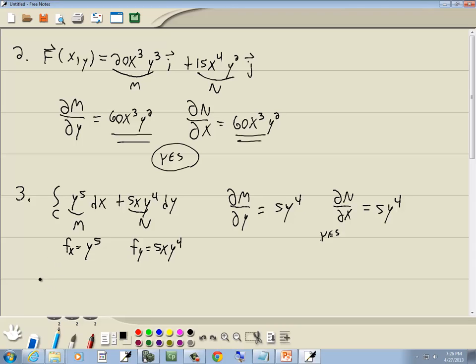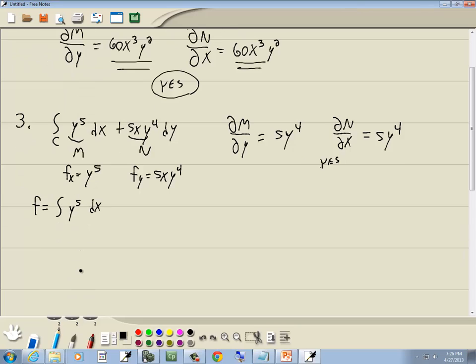So going backwards, to find f, our potential function, we're going to take the integral of y to the fifth with respect to x, because that's what we've got here. For the other one, to find our potential, we're going to take the integral of that with respect to y, again because it's our partial with respect to y. Well, this one here would give us x y to the fifth.